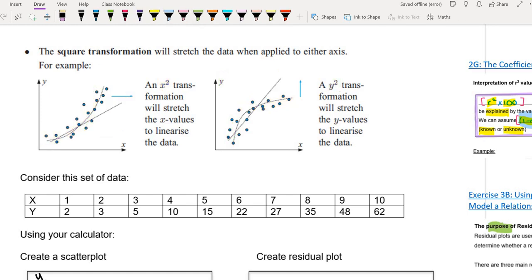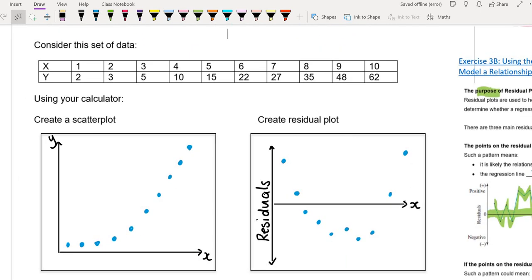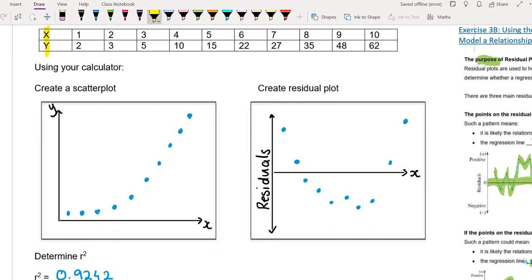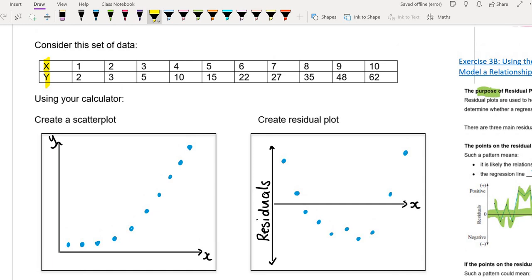So let's look at some examples. In this first example, we have a whole bunch of data, and as you can see, they're just x and y at this point. When we plot this data on a scatter plot for x and y, you can see this isn't a linear relationship, this is more like a curve.